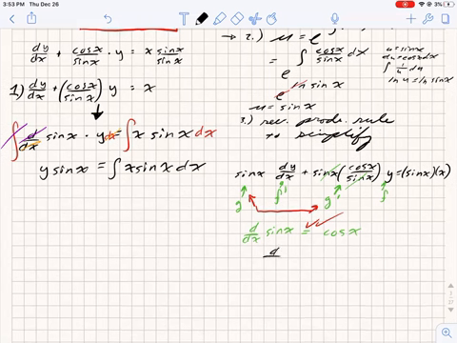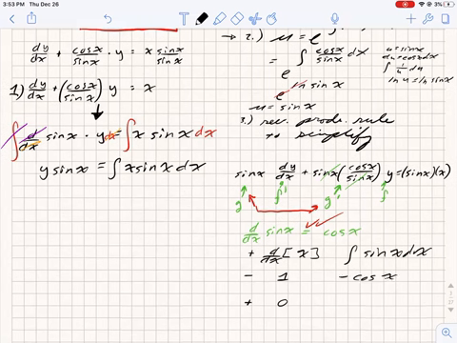we're going to take the derivative of x and we're going to integrate sine x dx. So the derivative of x is 1, derivative of 1 is 0. This is going to be plus, minus, plus.